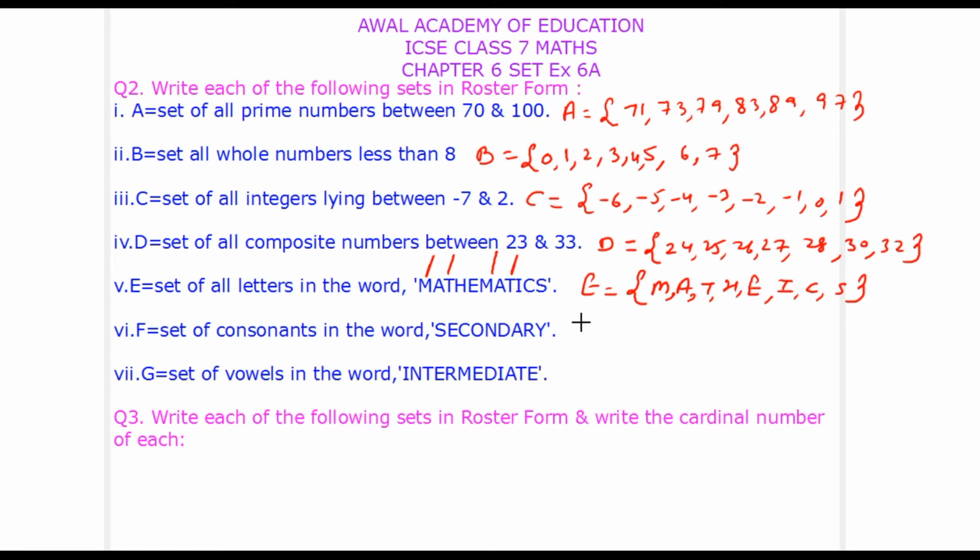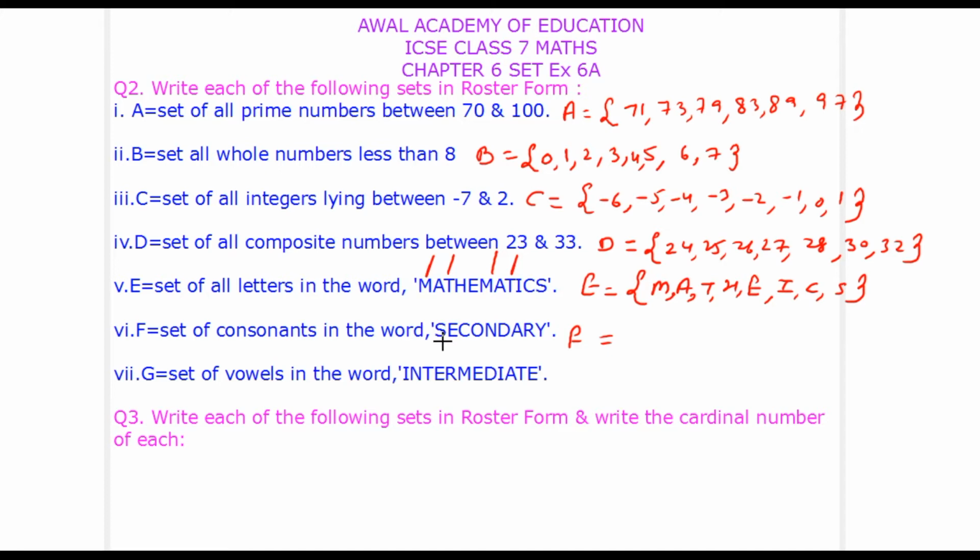So F is a set of consonants in the word secondary. First of all see the repeating letters; only consonants we have to take.